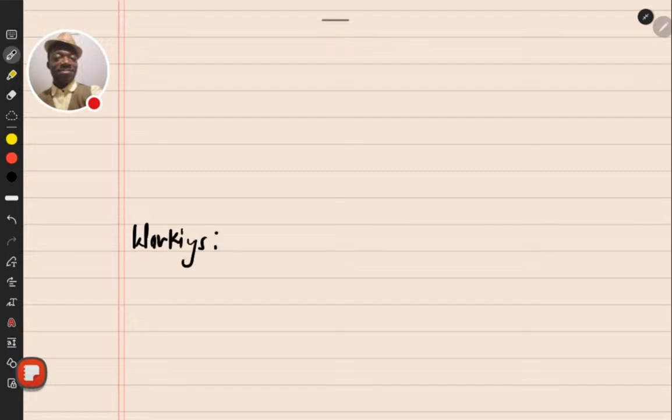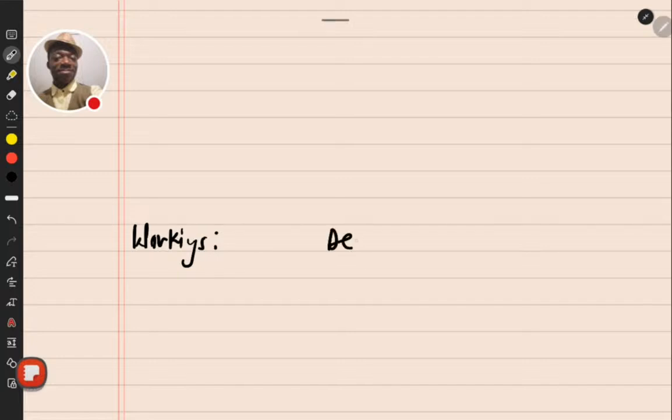So for us to get our sales to be used in the income statement, we need to prepare what we call a sales ledger control account, or debtors control account, the same thing.